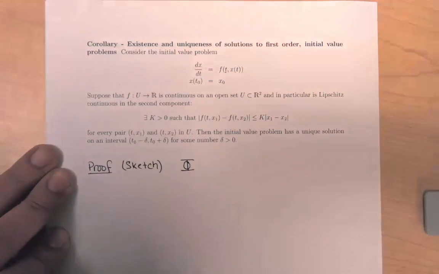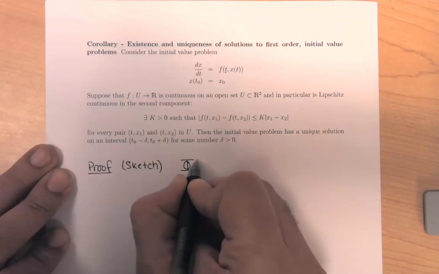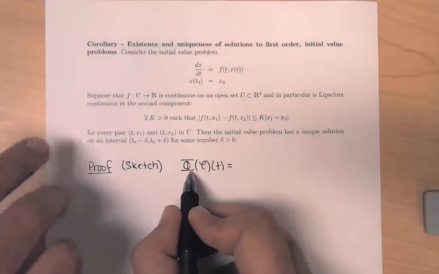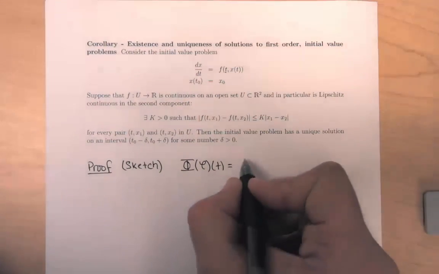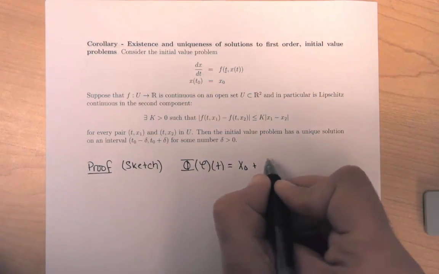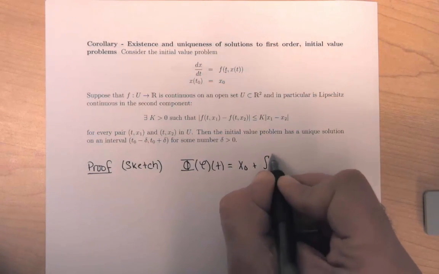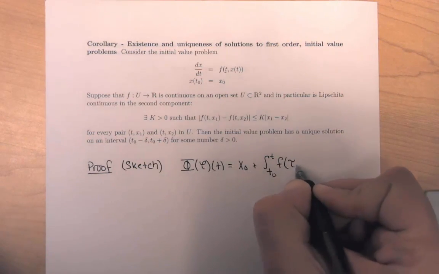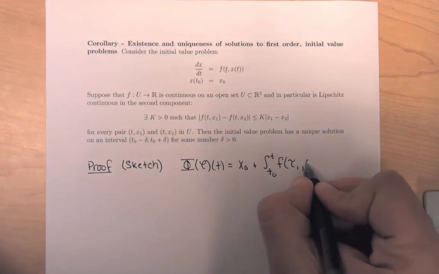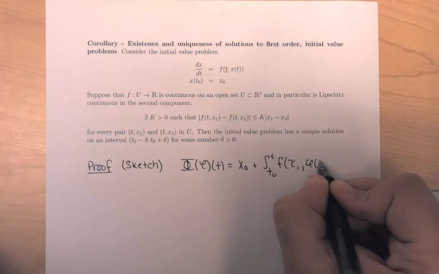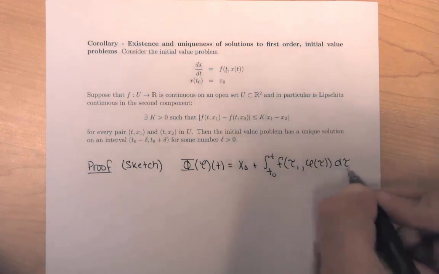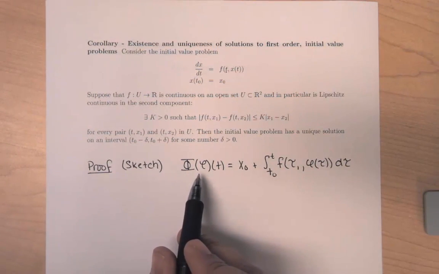Let phi be a transformation of a function defined by x naught plus the integral from t naught to t of my rate function, f. So phi is a mapping from a function to a function.